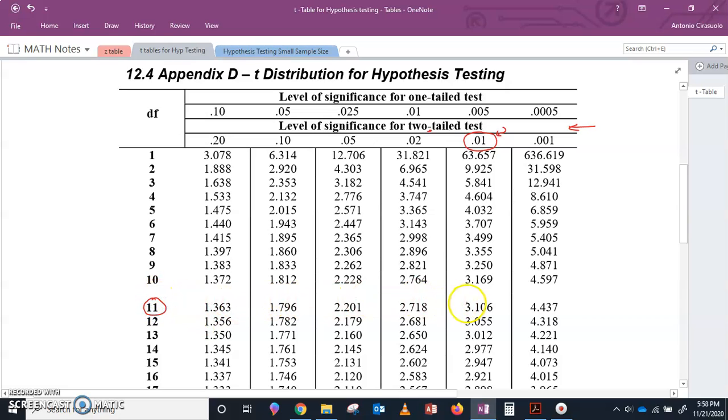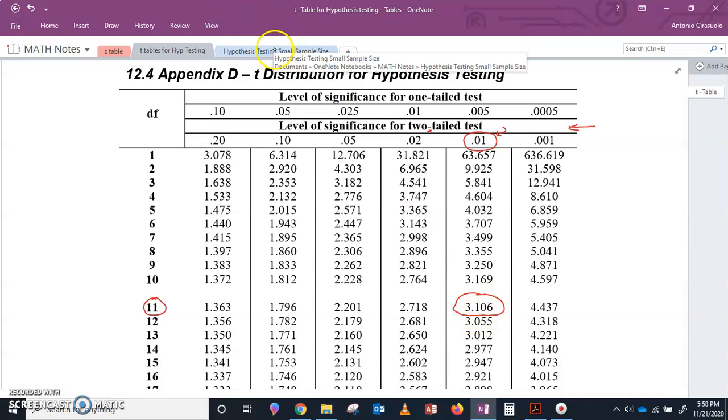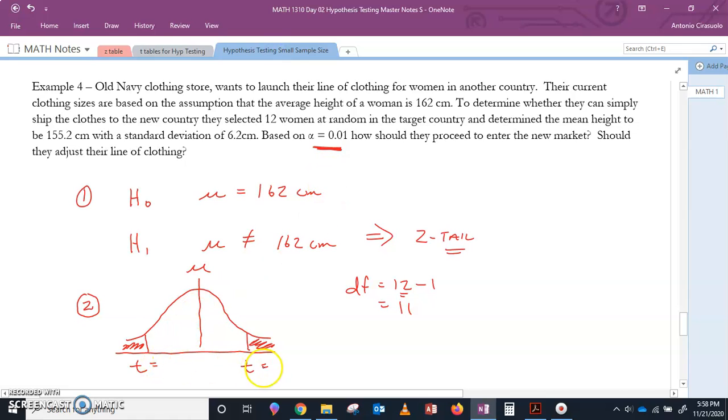So where that column and row intersect, that's going to be our critical value. In this case, 3.106 and negative 3.106. So there's our critical values.